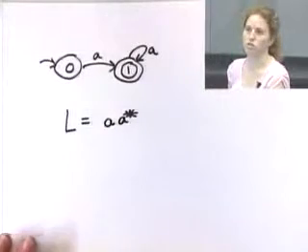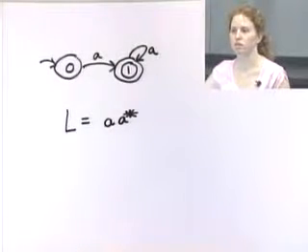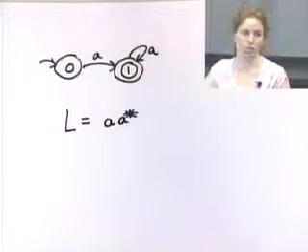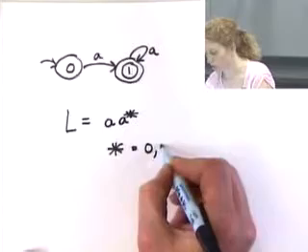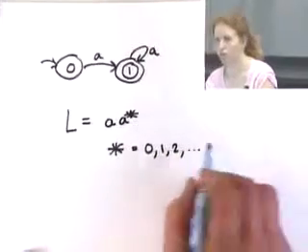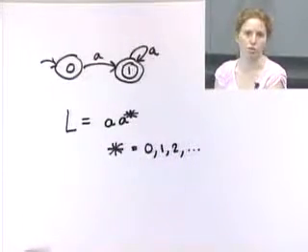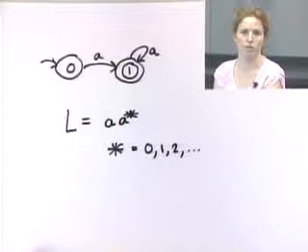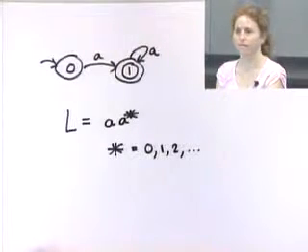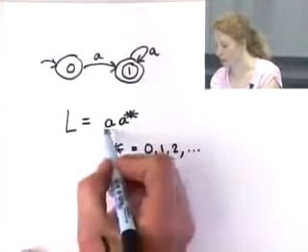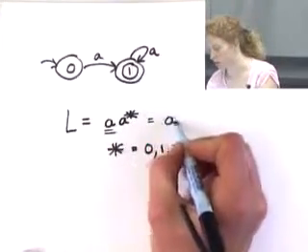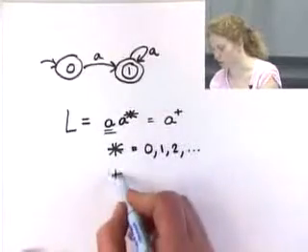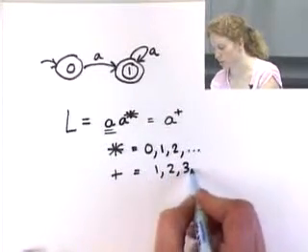What A star is, any power, any non-negative number. So it can be 0. So the star stands for any integer starting with 0. And this A is here because we have to have at least one A. Another way to write that is A plus. So the plus is the positive numbers.